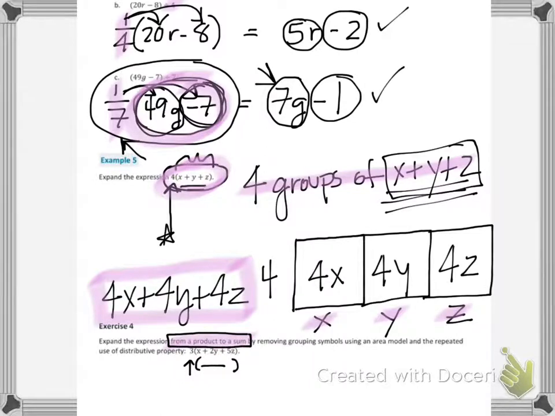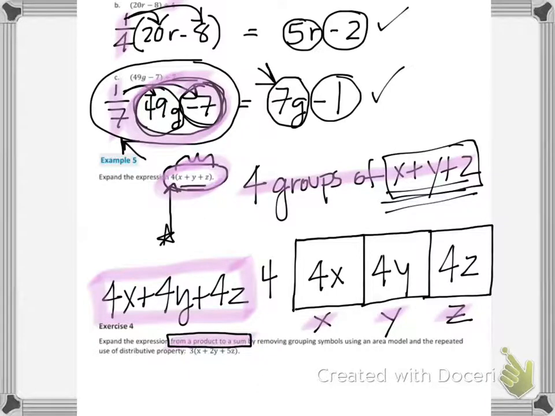We are multiplying one part by the other part. By distributing, we are going to be creating a sum only. We will have no more product.